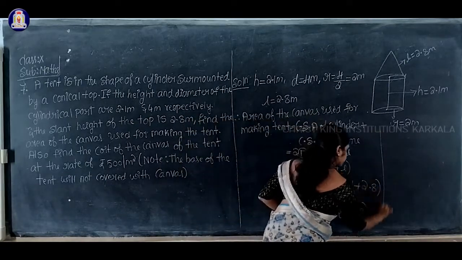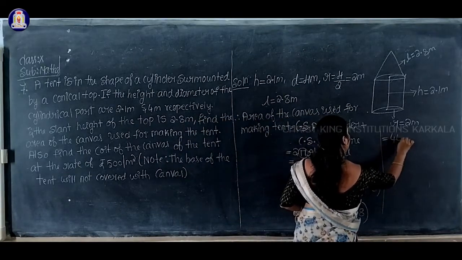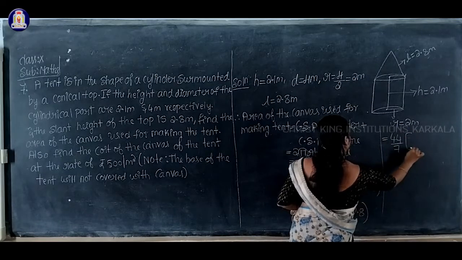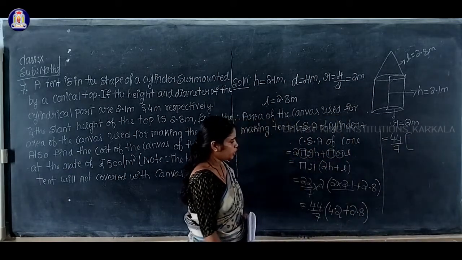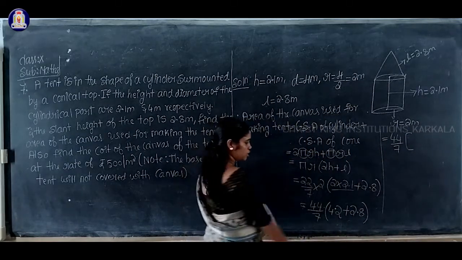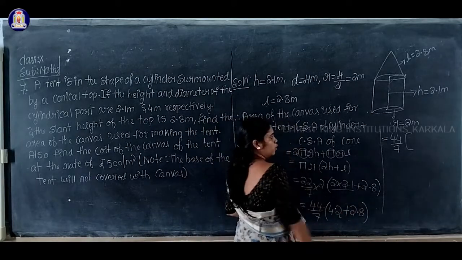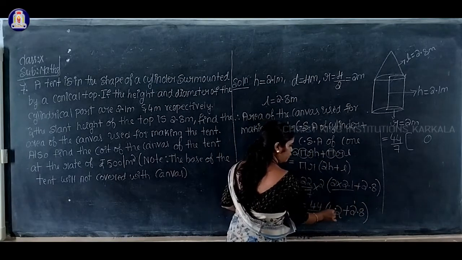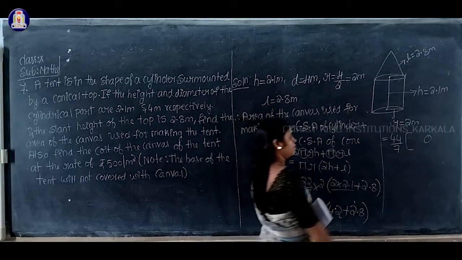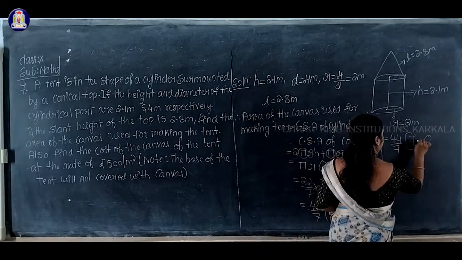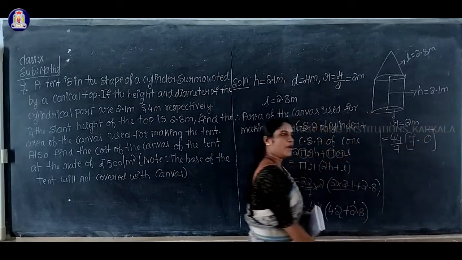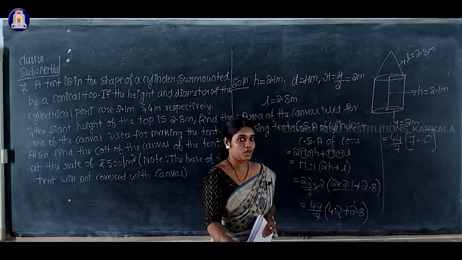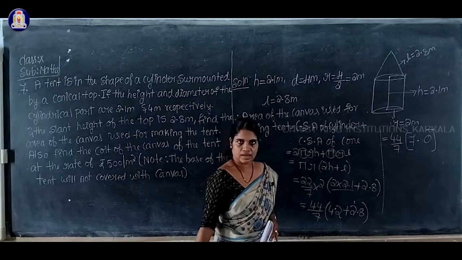Now this is equal to 44 by 7 into 4.2 plus 2.8. How much? 8 plus 2, 10. 1 carrying. So I'll take here 4 plus 3. How much? 7. So you will get 7.0. 7.0 is nothing but 7 itself, isn't it?